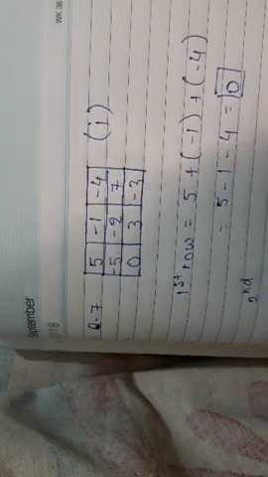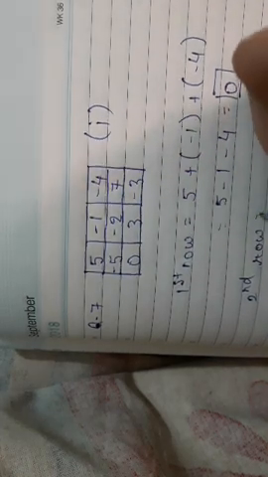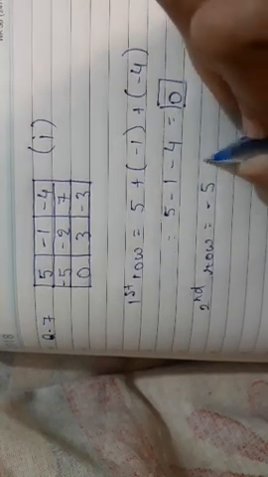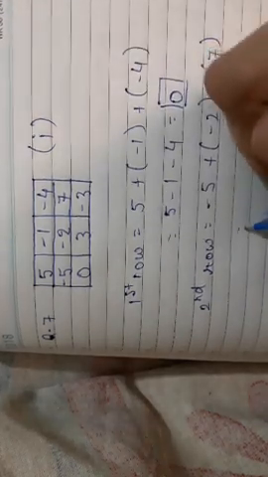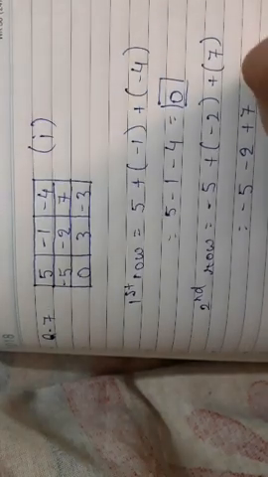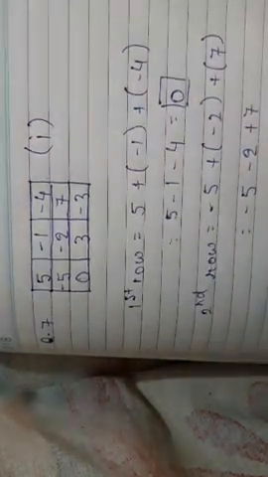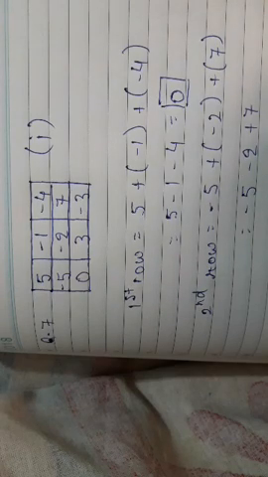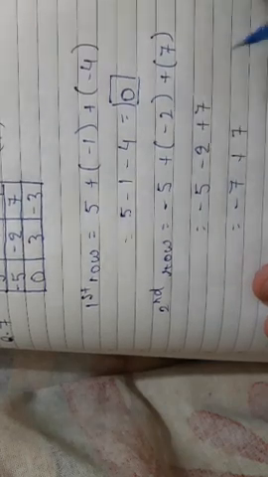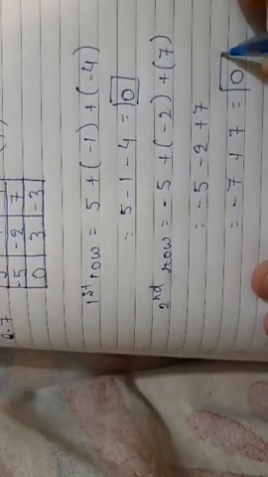Now for the second row, it is given minus 5, minus 2, plus 7. So this will be minus 5 minus 2 plus 7. Minus 5 minus 2 is minus 7. Minus 7 plus 7 is 0. So again for the second row our answer is 0.